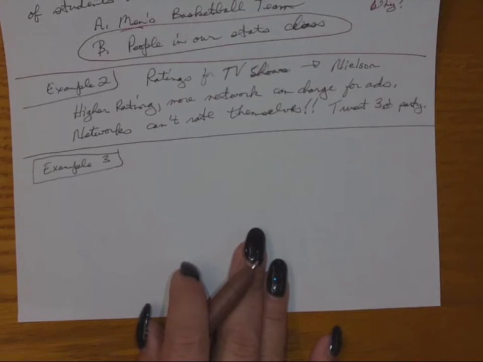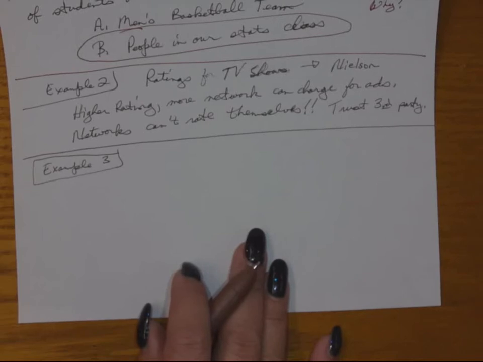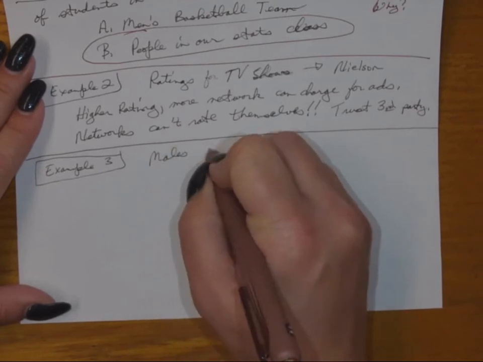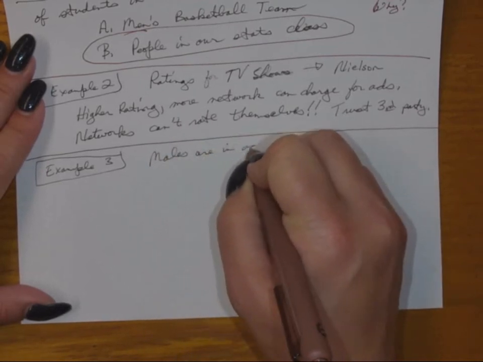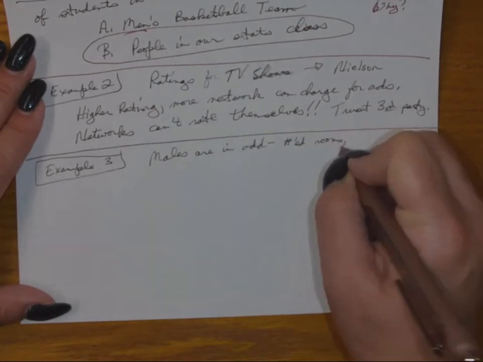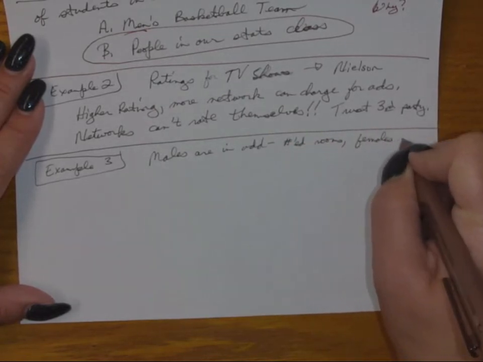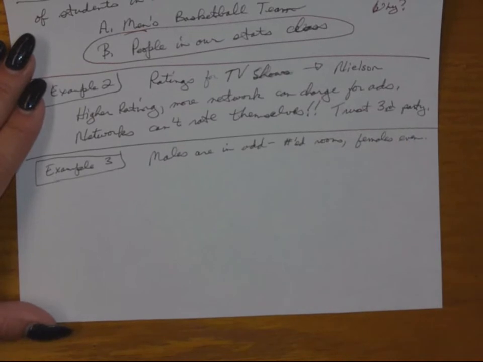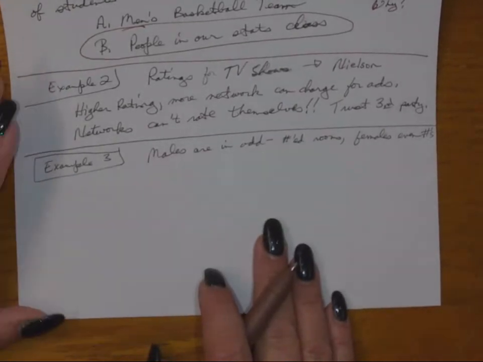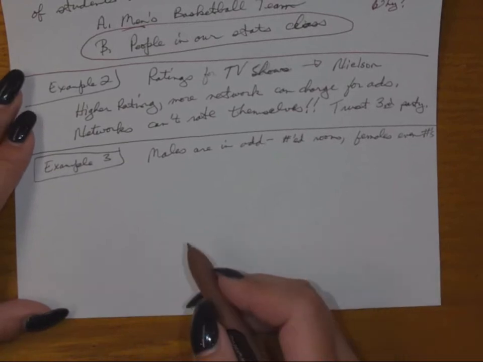So males are assigned to odd numbered rooms and females are assigned to even numbered rooms. So maybe you can say males are in odd numbered rooms, females are evens. Okay. So maybe you could say odds are on one side of the hall and evens are on the other side of the hall, or something like that. Or odds are all in one wing and evens are all in another wing.